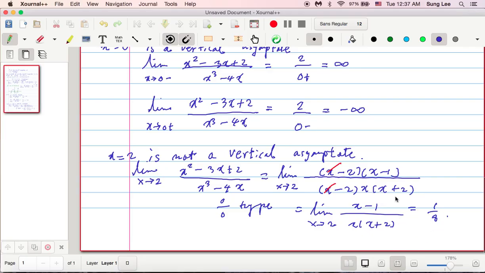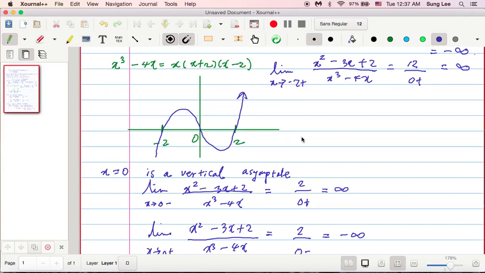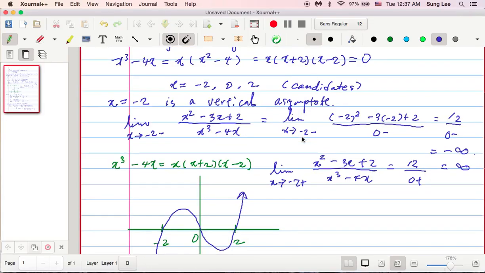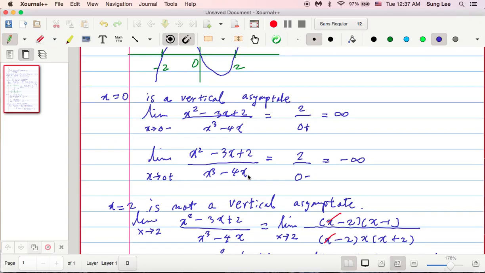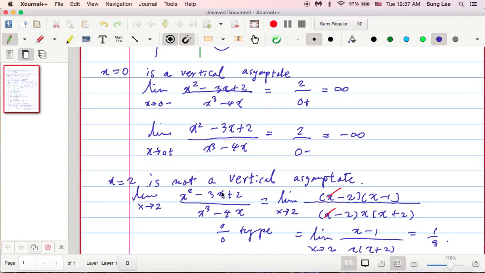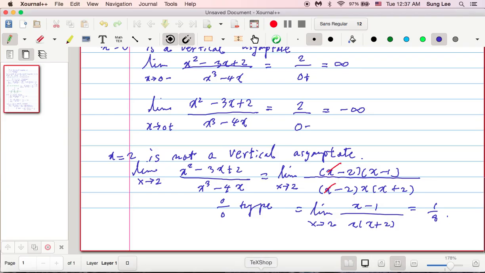The limit does exist, and so in this case, x equals 2 is not a vertical asymptote. So two of them, x equals negative 2 and x equals 0, are vertical asymptotes, and x equals 2 is not a vertical asymptote.